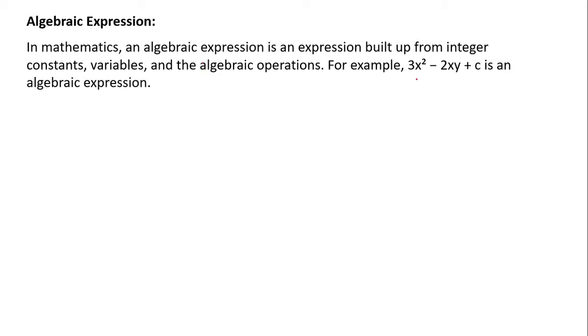If you have any expression in which you have variable terms, constant terms, and coefficients that are integers, then we can call it an algebraic expression. As you can observe, the coefficient can be a rational number as well. So if it is a combination of integers, constants and variables, then we call it an algebraic expression. Next, I would discuss polynomials.